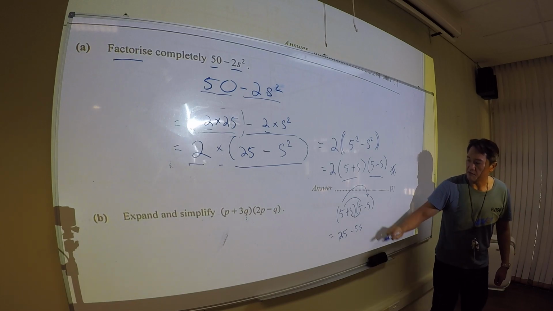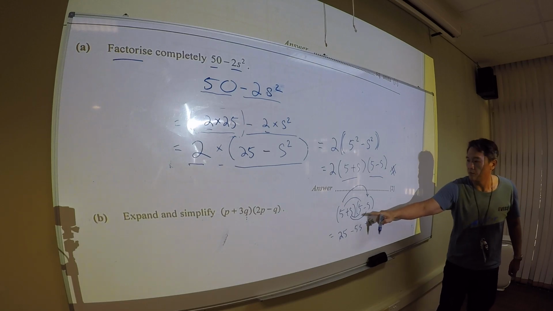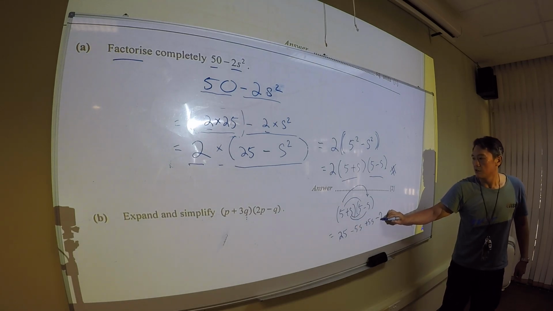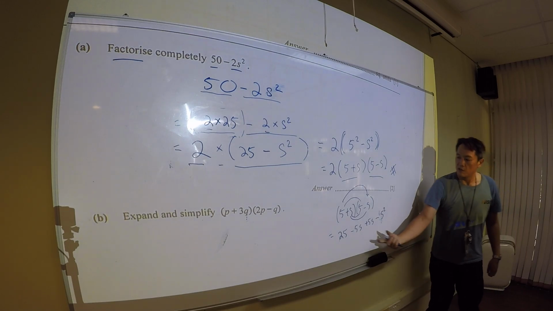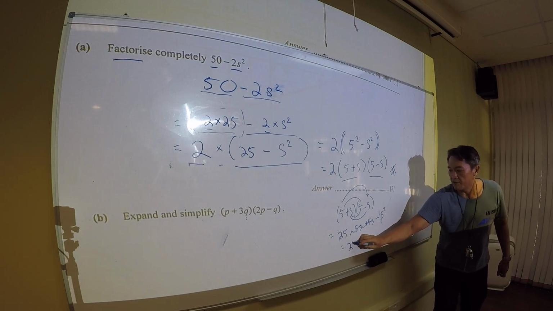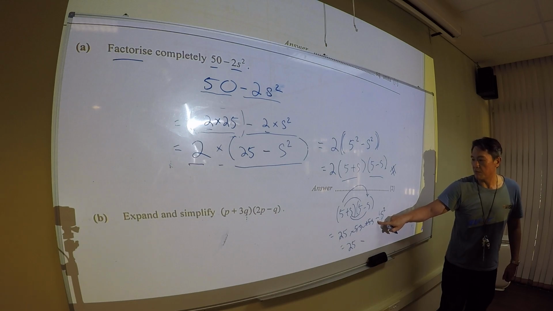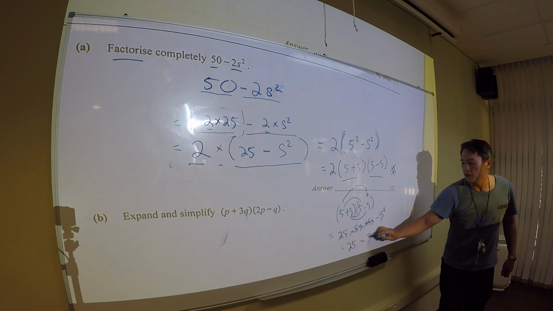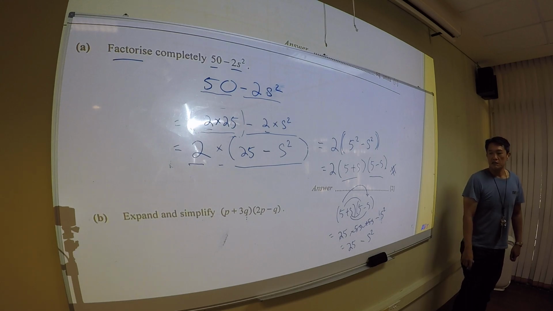Then back times front, plus 5s. Back times back, plus times minus s squared. The center will always cancel each other. Then I will always be left with 5 times 5, then it will always be minus back times back. Give me back this thing. Okay, this is a special identity.